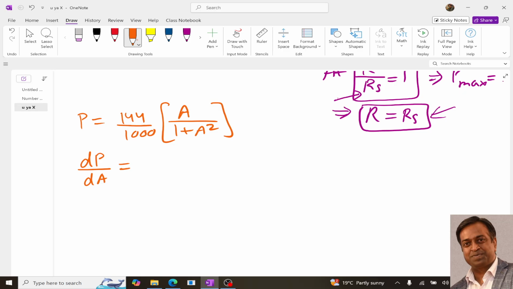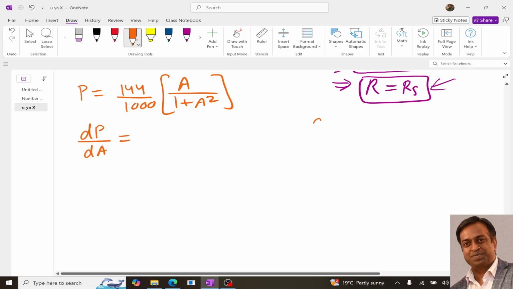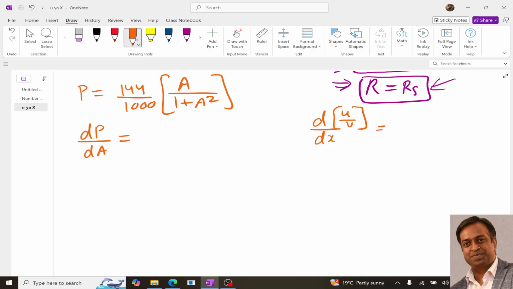So we know that if we have this type of term where we need to take the derivative of u by v, then the expression is that we keep v as it is and take du by dx, minus u dv by dx, upon v square.